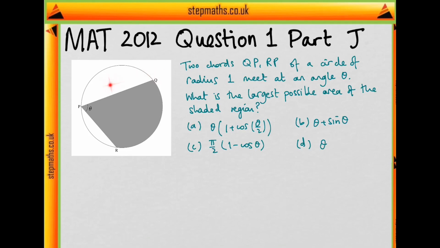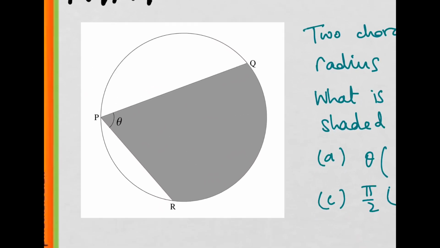Okay, so when is the area of this shaded region going to be the largest? Well, if we imagine moving R and Q along this circle, say I moved R to here, then I'd have to move Q along by the same amount in order for the angle theta to stay the same. So Q would come to about here.